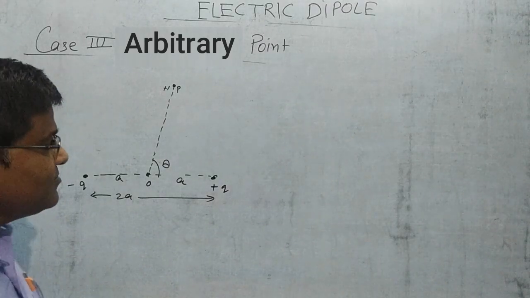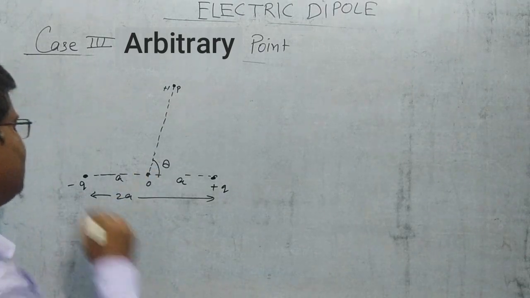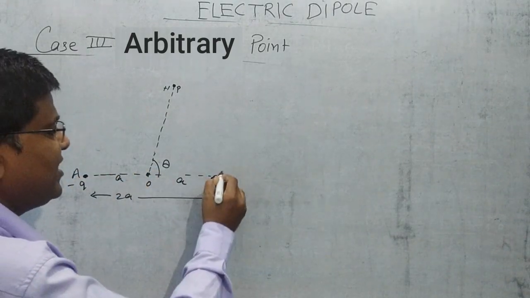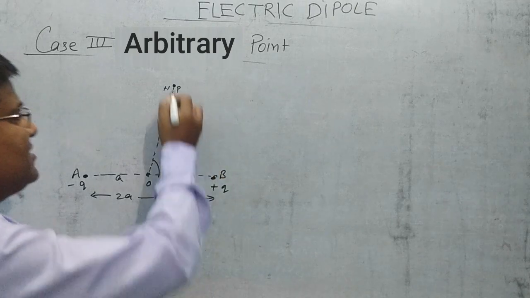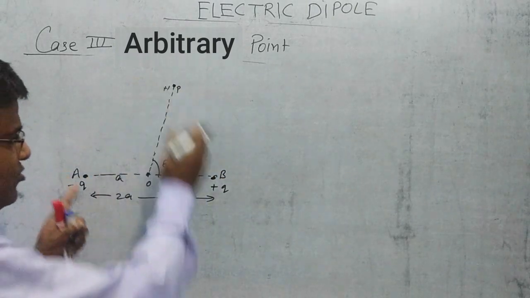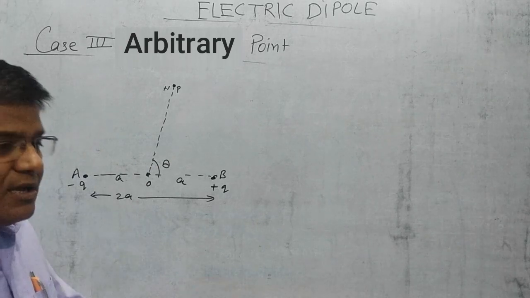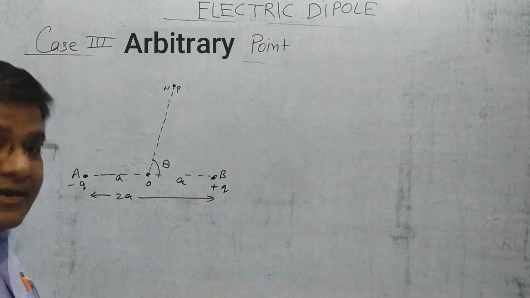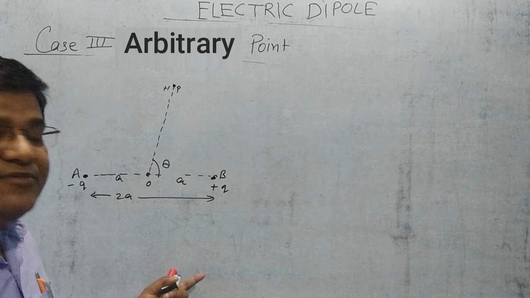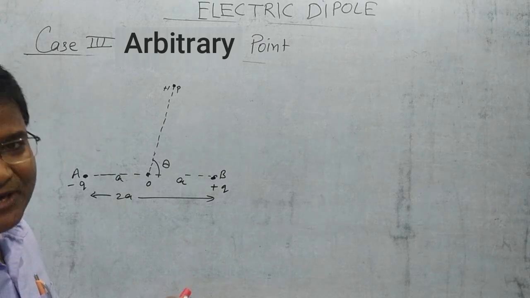But it is difficult to find the distances AP and BP. This distance is BP, this distance is AP, and both are on different sides and of different magnitude, and that's why it is very difficult to find the values of AP and BP.